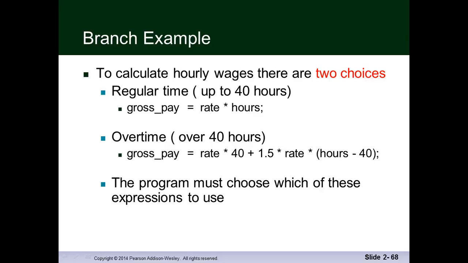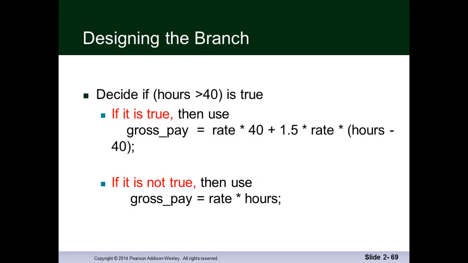What you need to focus on is that you have 2 options: one that goes up to 40 hours, and the other that applies after 40 hours. How does your program know which way to go or which alternative to choose? You have to design the branch. That's your job as a programmer. You're going to organize your code and design your algorithm.